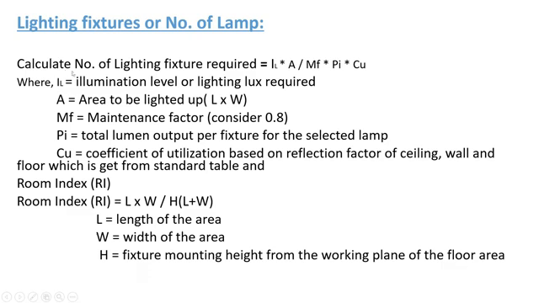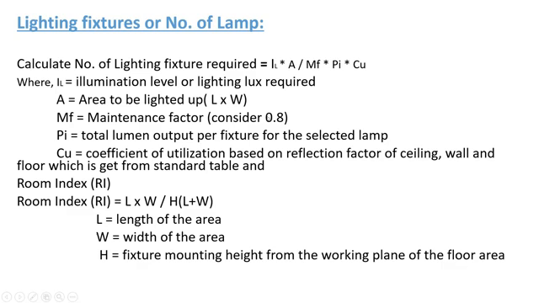From the formula we can find the number of lighting fixtures required equal to IL into A divided by MF into PI into CU, where IL means illumination level, or lighting lux level required from the standard, and A means the area to be lighted. Just multiply the length and width of the room, that is the area. MF means maintenance factor.